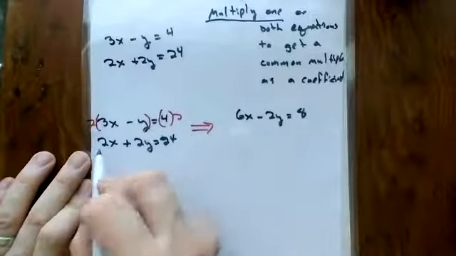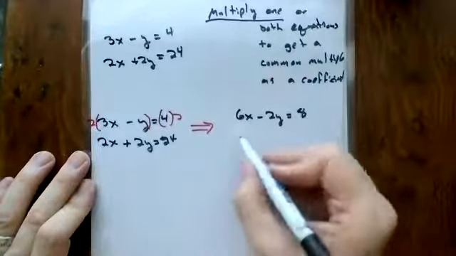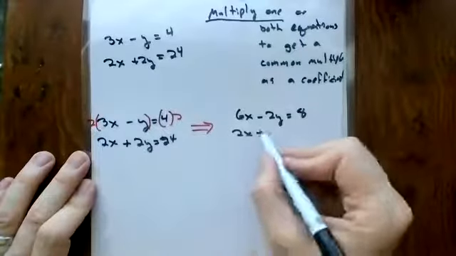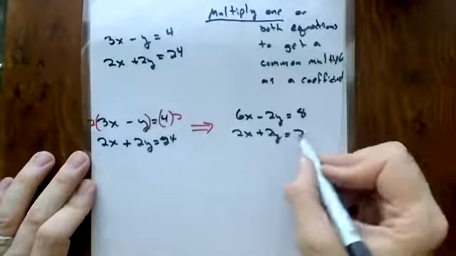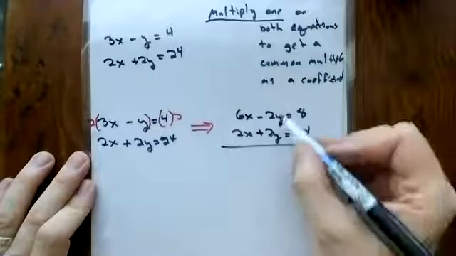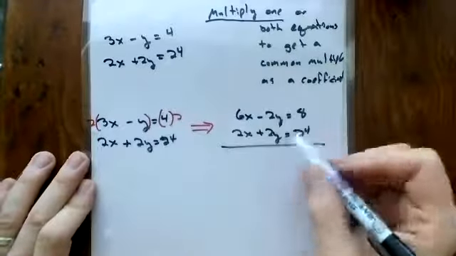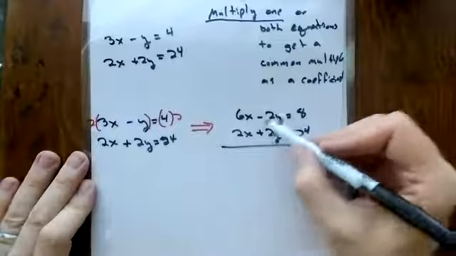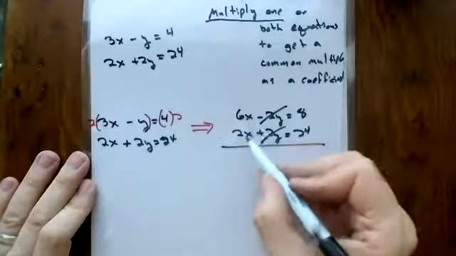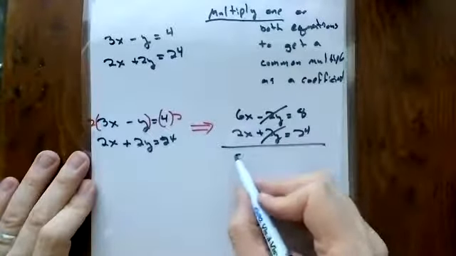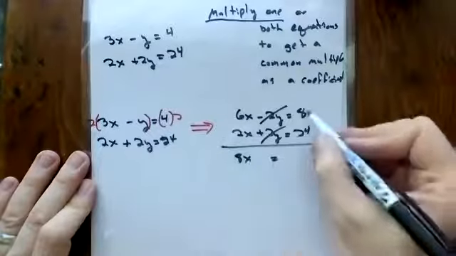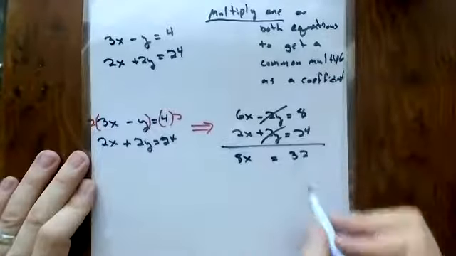And now that bottom equation, not doing anything with it. That's going to stay 2x plus 2y is equal to 24. And now when I add these two equations, my y's are going to eliminate. 6x plus 2x is going to be 8x. 8 plus 24 is 32.